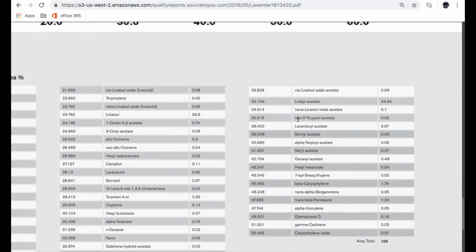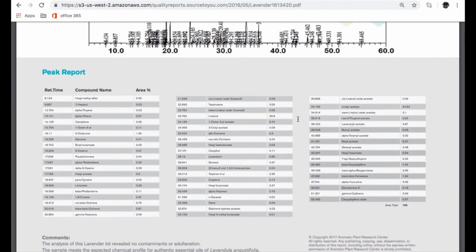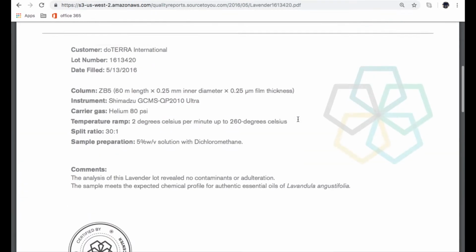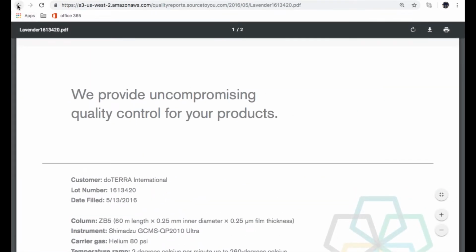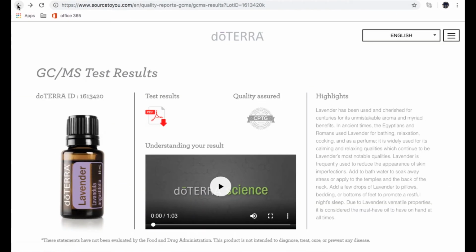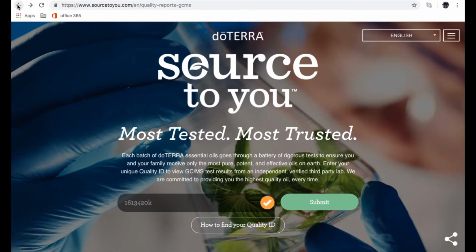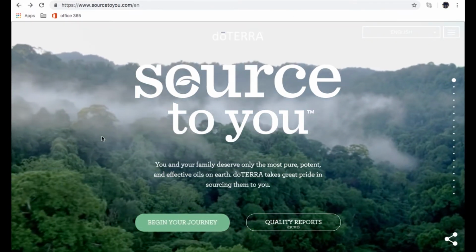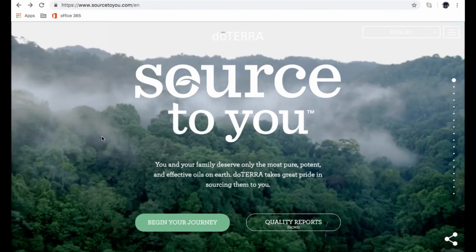They also know that there are no synthetics, no pesticides, nothing that's been added to this. So doTERRA is the only essential oil company that is fully traceable. This website is a game changer for the industry, because there is no other company that is using third-party testing, providing the results, having you be able at home to take any bottle and look it up and get the results.